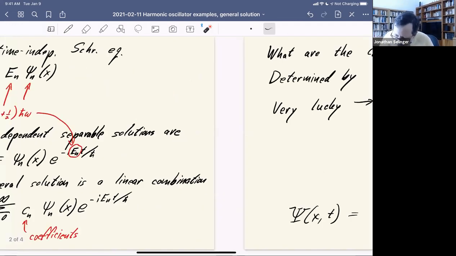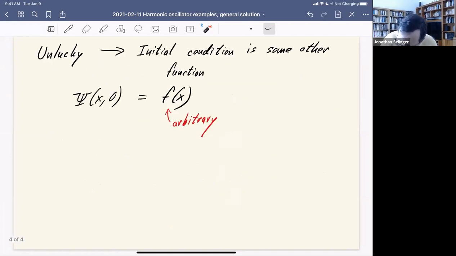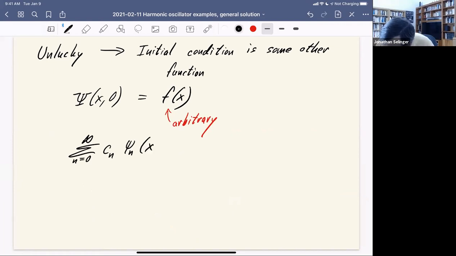So psi of x and 0 is the sum, n equals 0 to infinity, of Cn lowercase psi n of x. That has to be equal to f of x.